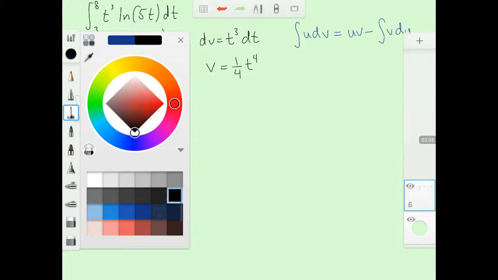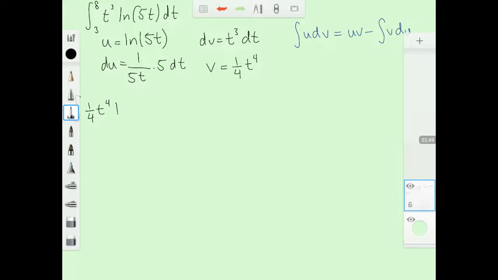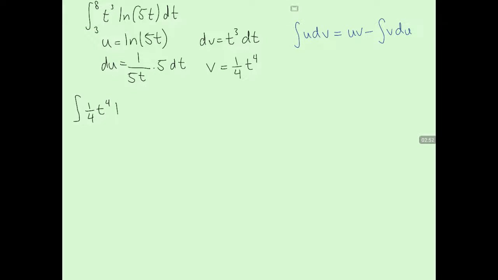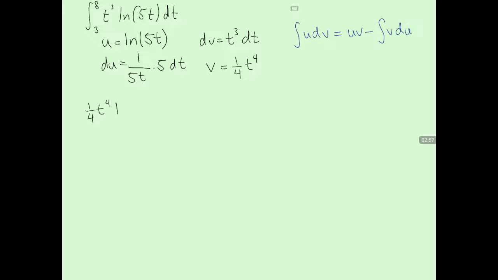So from this, we can rewrite our integral. There's no integral here, so I'm going to get rid of that. So we can rewrite the indefinite integral as this. So we have uv, which is ln 5t times 1 over 4 t to the fourth, minus the integral of v du.